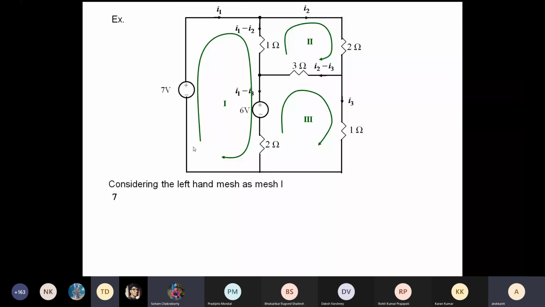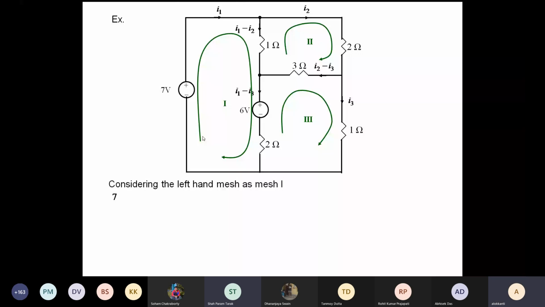So somebody was getting 2.99. If you are getting the same answer with a different sign, I1 is 3, I2 is 2, I3 is 3. If you change the sign, there are no given directions, so all should come positive.